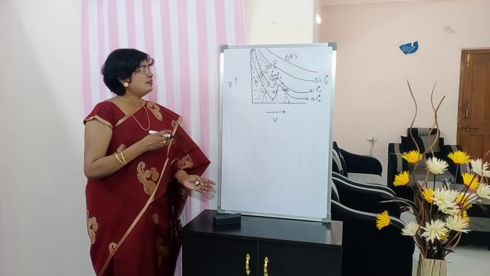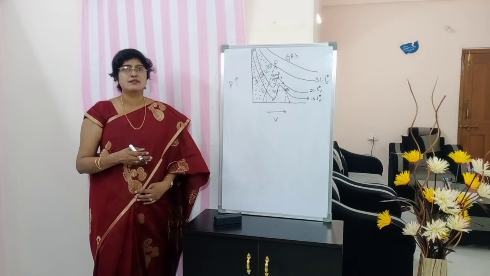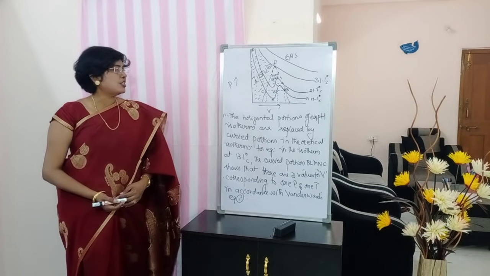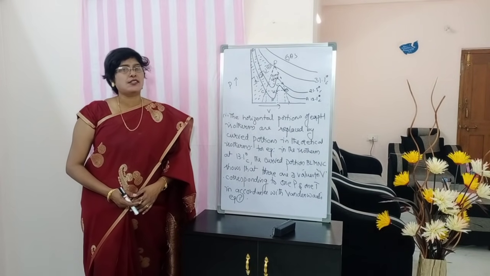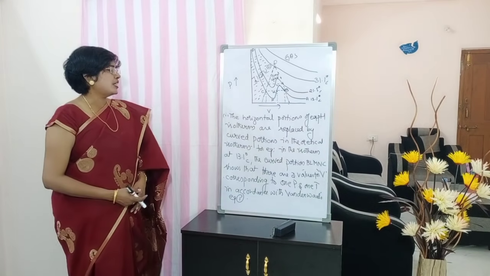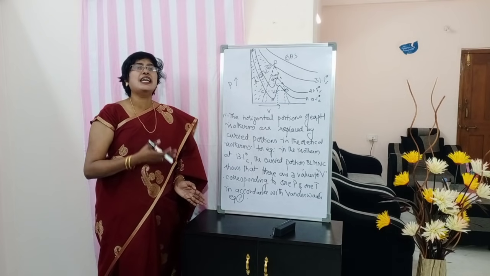Okay, now we will learn about these isotherms, students. So students, as I told you, the horizontal portions of experimental isotherms, Andrews isotherms of carbon dioxide, are replaced by curved portions in the isotherms shown by Thomson.